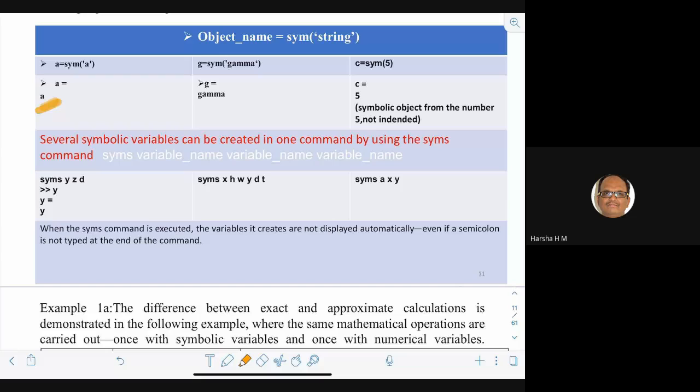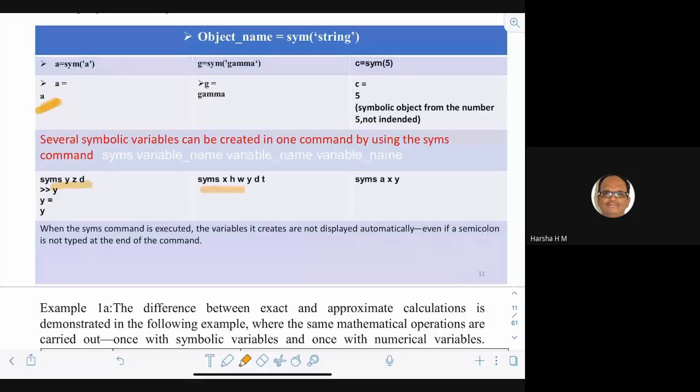But if you type a number, remember, it will give you some space before it in the display. You can also use this command to define a number of variables in a single line, like syms of y z d, or syms of x w, x h, w y d t, and so on.